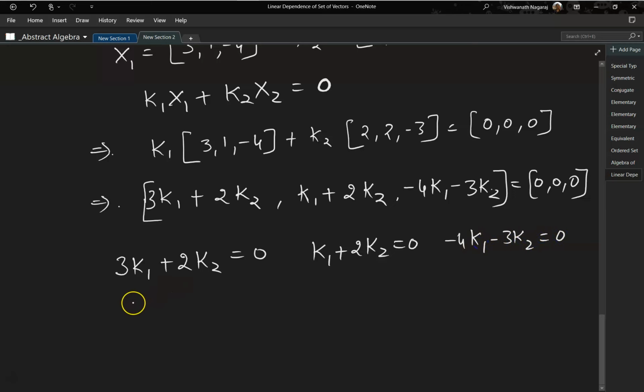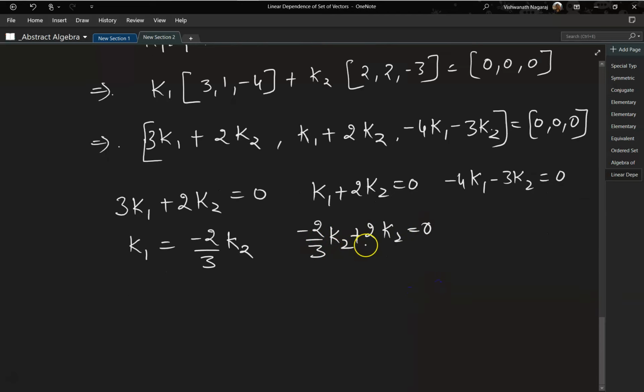Let's rearrange this. Let's say k1 is equal to minus 2 by 3 k2. K1 we have already found, so minus 2 by 3 k2 plus 2k2 equal to 0, which means minus 2k2 plus 6k2 equal to 0, which means 4k2 equal to 0, k2 equal to 0. k2 is equal to 0 means k1 is equal to 0.